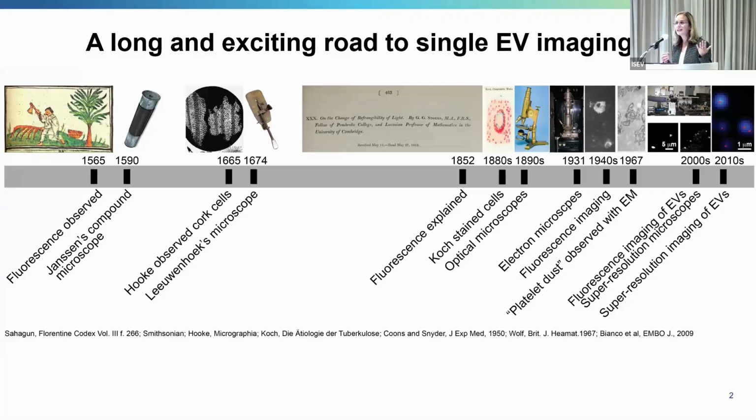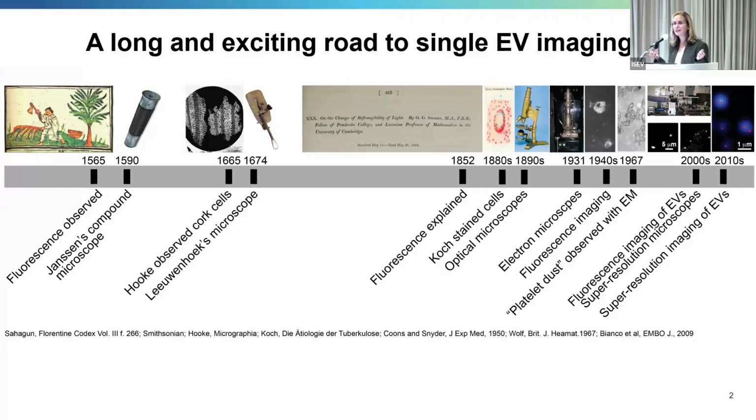Only in 1967 did we start to see platelet dust. So we started to see EVs with EM. And then it took a couple more decades before we were able to see these lovely vesicles with fluorescence microscopy. And this is really where I will be focusing today.